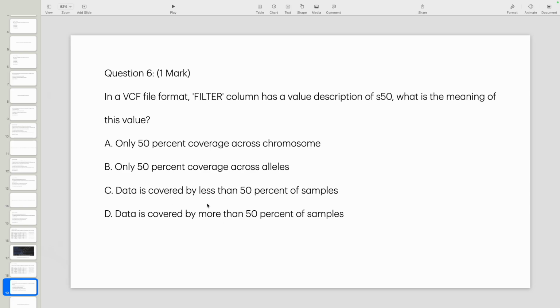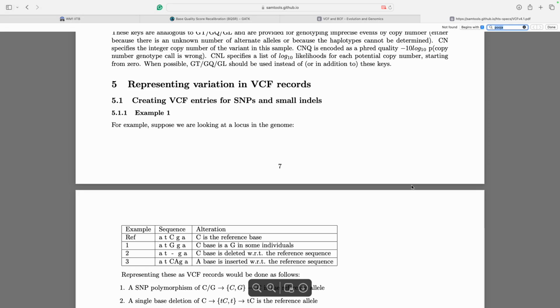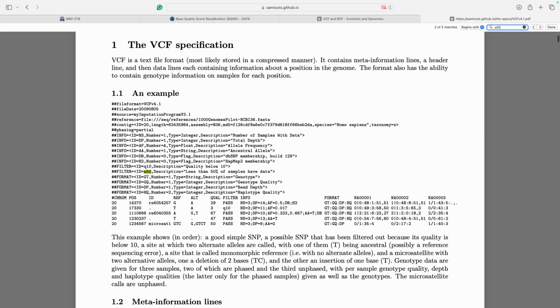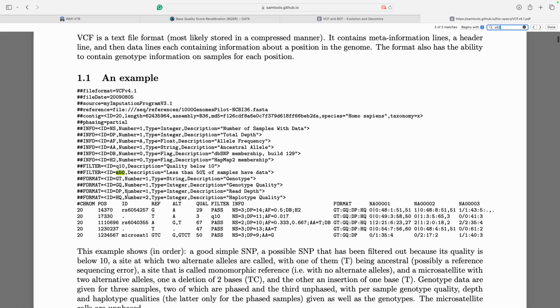Data is covered by less than 50% of sample. So we will look into how. S50. If I search in the filter column, it is key equals to value. So here it is given S50. The description of what this S50 tells is that less than 50% of samples have the data.